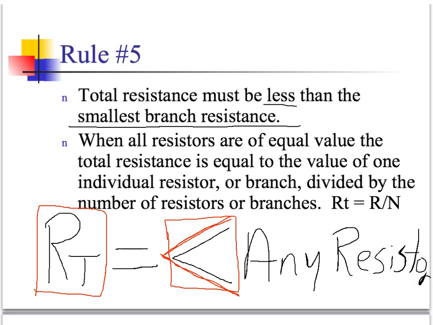It's less than any of the other resistor values. So the resistance total is always going to be less than the smallest branch resistance.